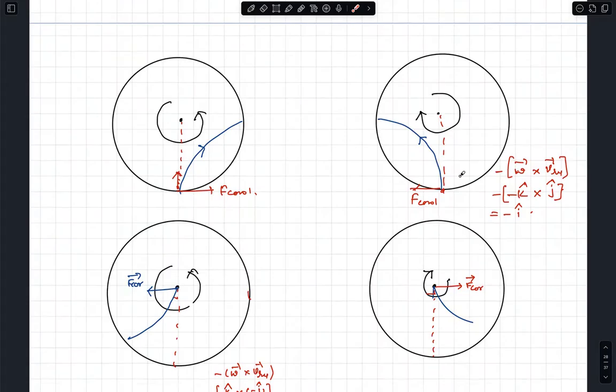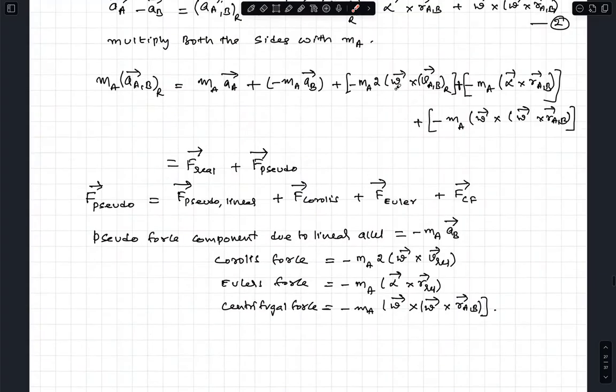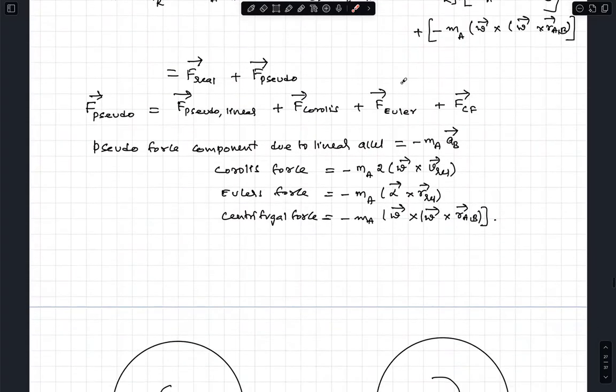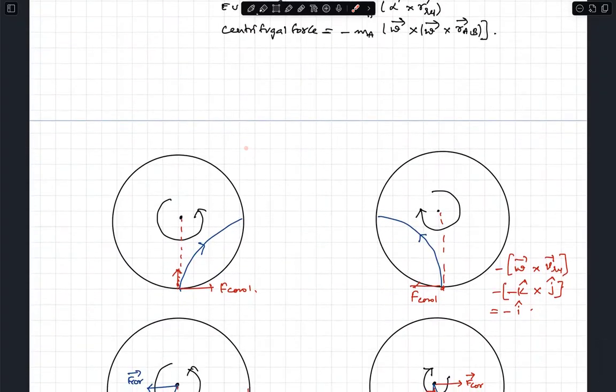Right. Now, for example, I am projecting this in this direction and it is rotating like this. So what is the formula for F Coriolis? Omega bar cross V AB relative. Coriolis direction, omega bar cross V relative, and a minus sign to this. But you are rotating it like this, correct?